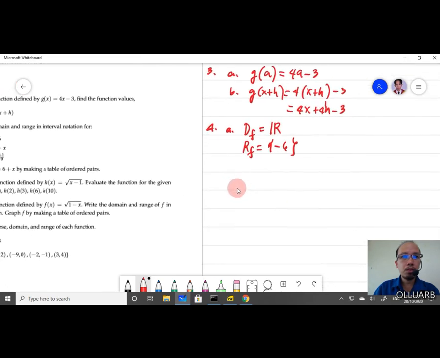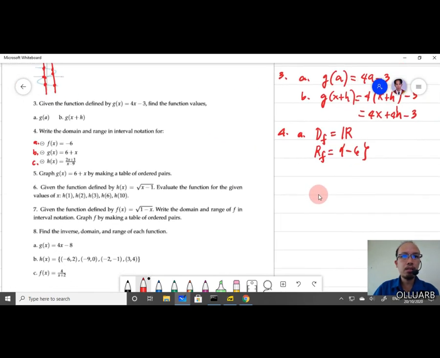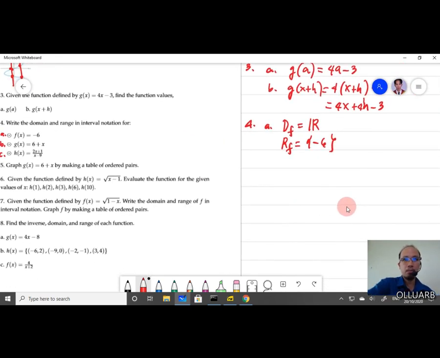If you try to explain this in diagram form, we will describe the function f of x, which is equal to negative 6. So this is our domain and this is our codomain.